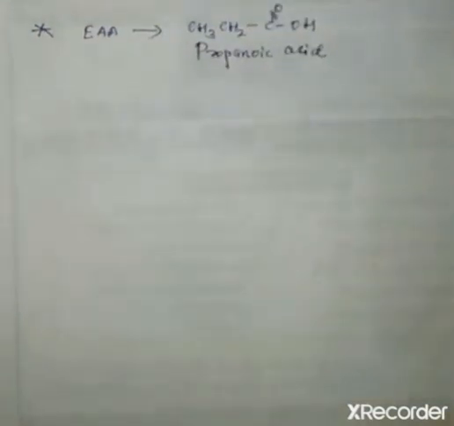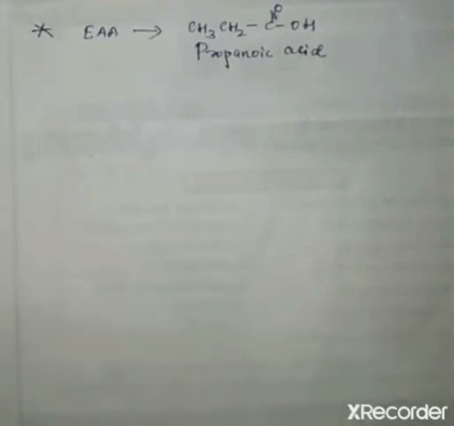Then next, how can we convert ethyl acetoacetate into propanoic acid? Ethyl acetoacetate is converted not only into acetic acid, but into a large number of monocarboxylic acids. So it is the propanoic acid.